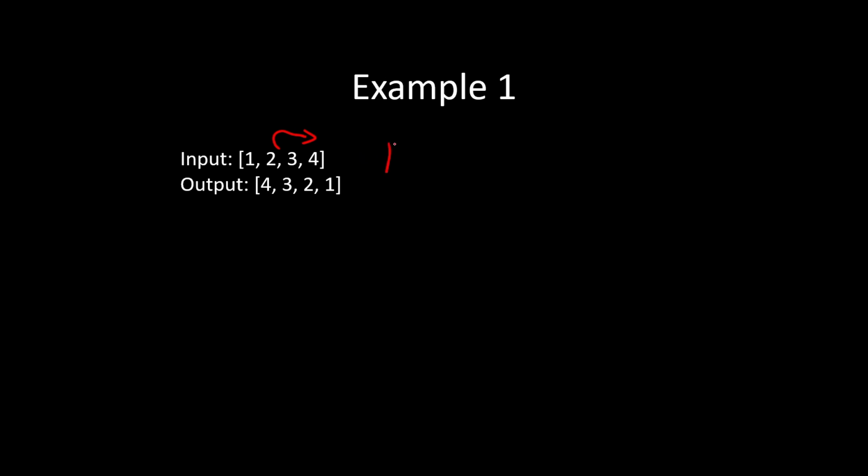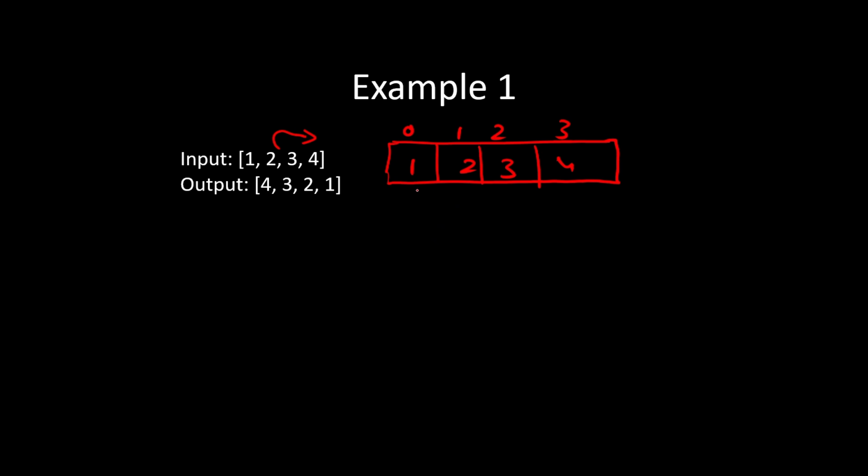Okay, this question can be solved by simply swapping the elements at particular indexes, like 0, 1, 2, 3, and elements 1, 2, 3, 4. So this is the indexing part and these are the elements.